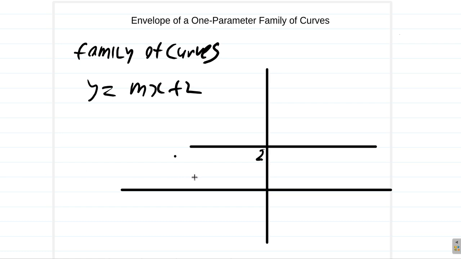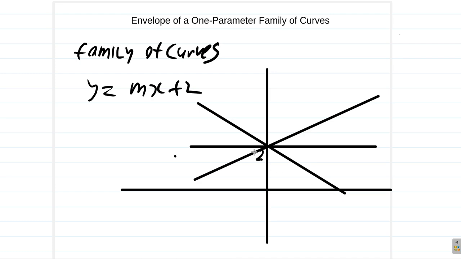I have m as some positive value, could be 1, m as negative 1, right? Could be m is equal to 1 point something or negative 1 point something, whatever it is. m could be 2, 3.